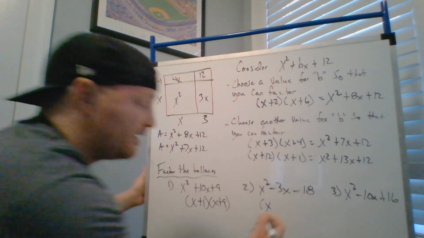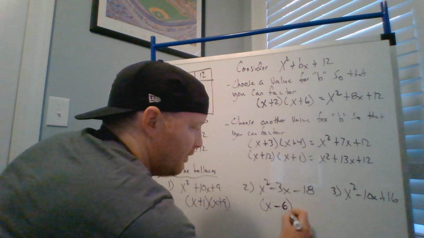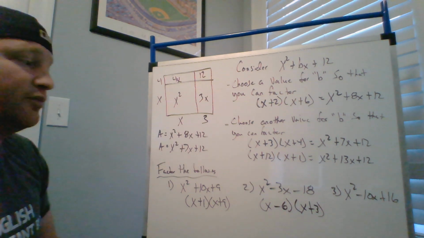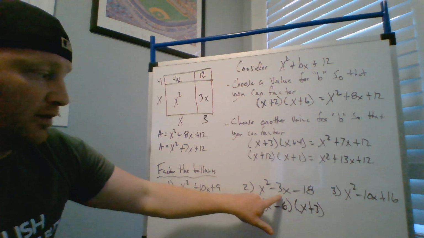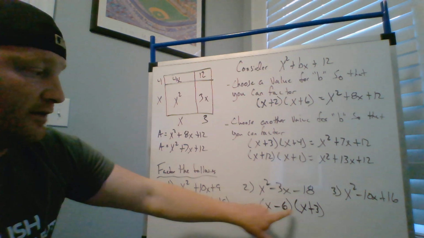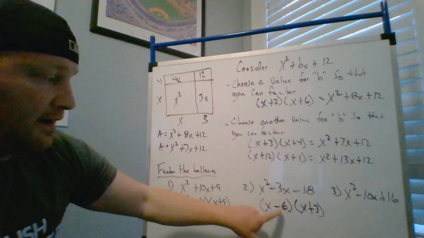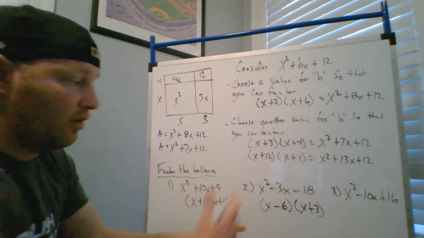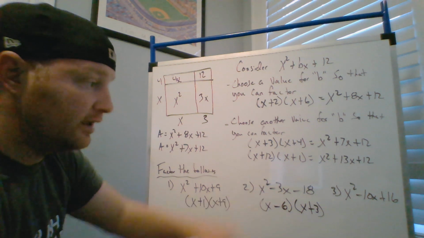That's why you got to be careful about which you make positive and which you make negative, because it plays a big role in the middle term. Negative 6 plus 3 is negative 3, and negative 6 times 3 is negative 18. For the multiplication, it doesn't matter which one's negative, but for the addition, it really does.